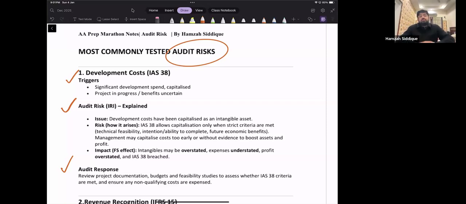You are reading the scenario. I have given some examples. Of course, I cannot cover everything based on past papers. So the company has spent significant development expenditure. In the scenario, you get information that they're developing some product, some prototype. The project is in progress. No information available. Benefits uncertain. So this information may be present in the scenario.